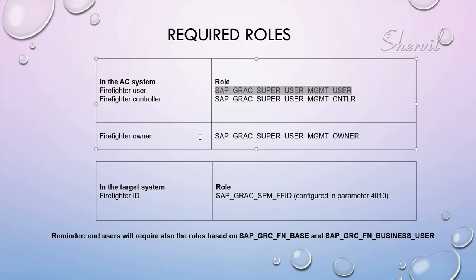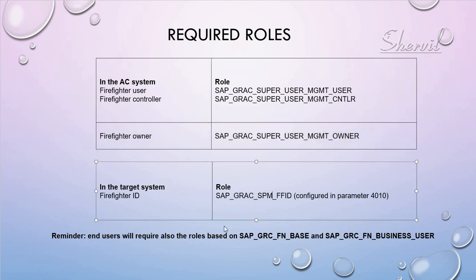You can make a copy of this role, and we'll check what authorizations these roles contain. Similarly, a firefighter controller should be assigned this role. And these are mandatory steps. A firefighter controller should be assigned the user management controller role. The firefighter user needs to be assigned the super user management user role. The firefighter owner needs to be assigned the super user management owner role.